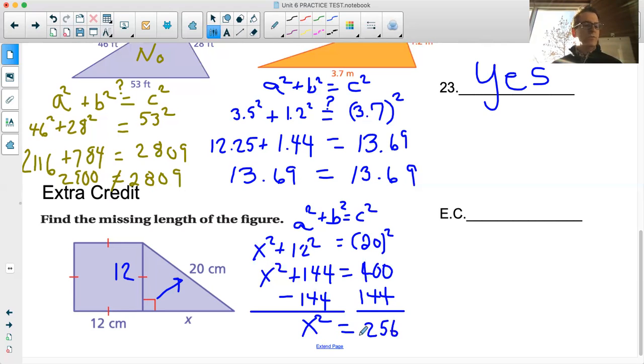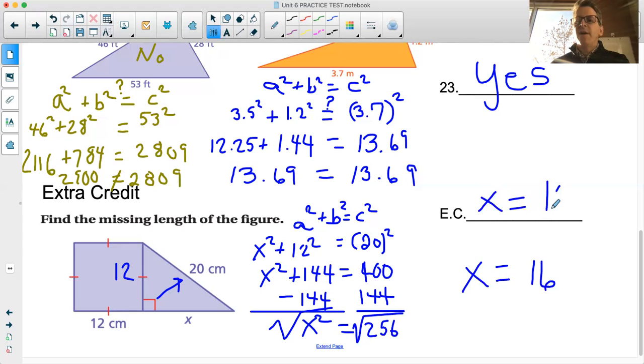So the square root of 256 is 16. To undo this squaring, you take the square root of both sides, and you end up with the answer x is equal to 16.